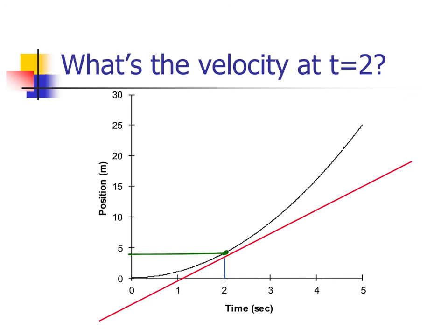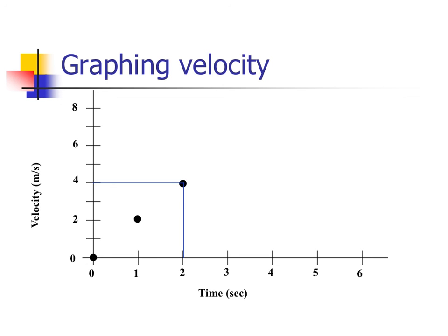Somewhere it's got to be around 4, I'm guessing. Hey, looky there. Can we guess what this velocity time graph is going to look like? Usually after you get that third point you're like, okay, I got it.